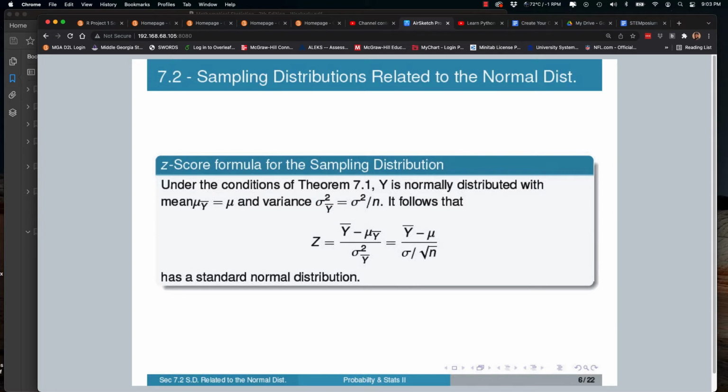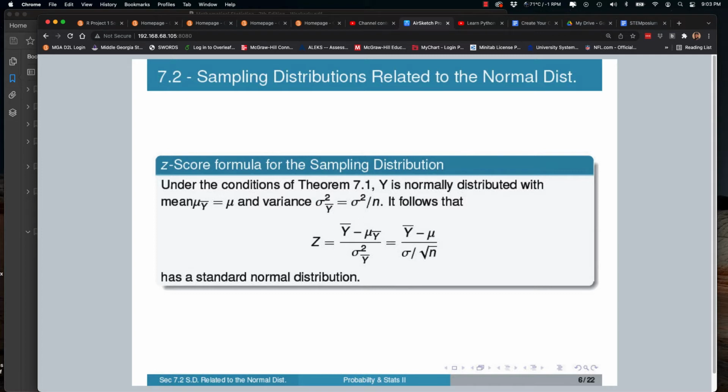But the z-score formula under the conditions of 7.1, y bar is normally distributed with mean of mu sub y bar equals mu and variance of sigma squared sub y bar equals sigma squared over n.